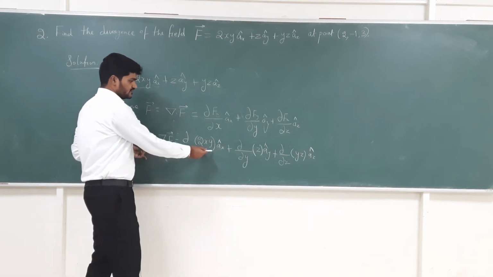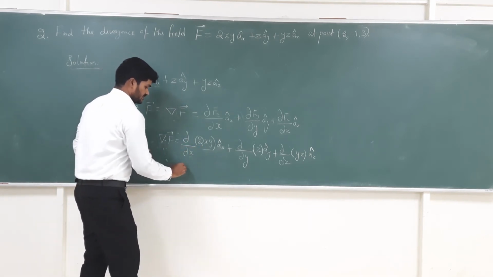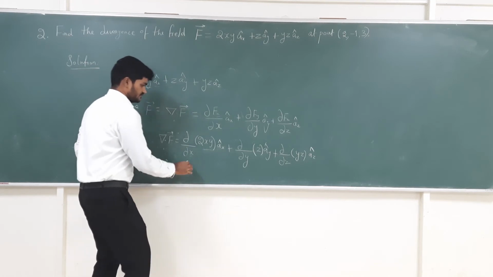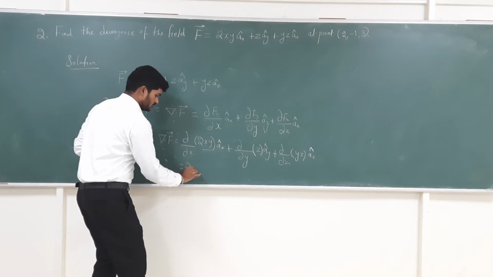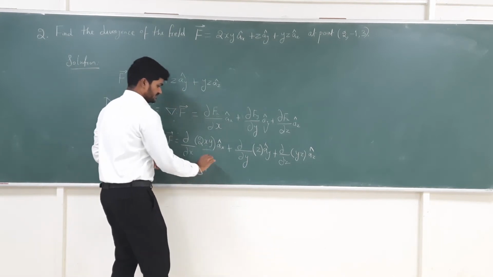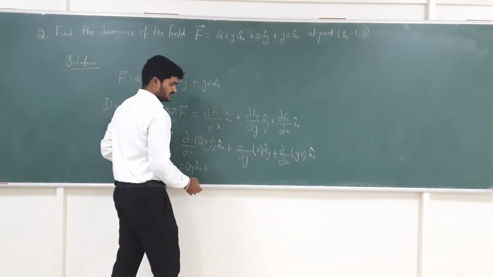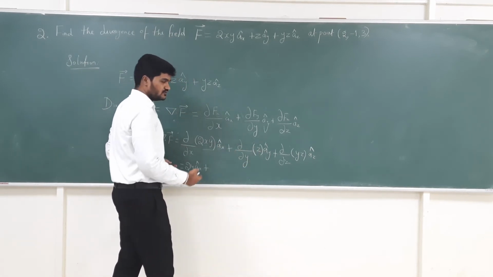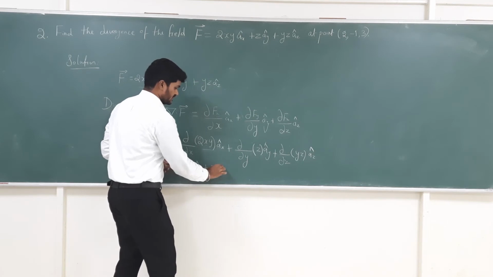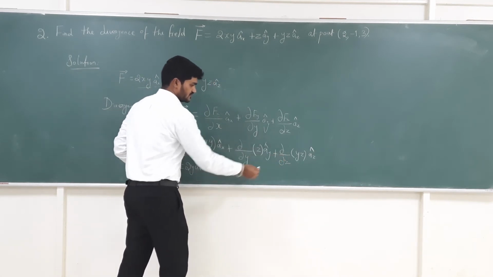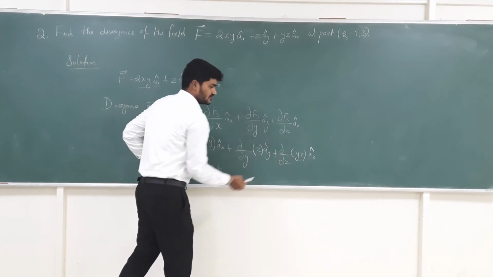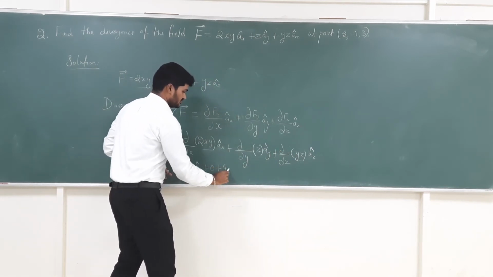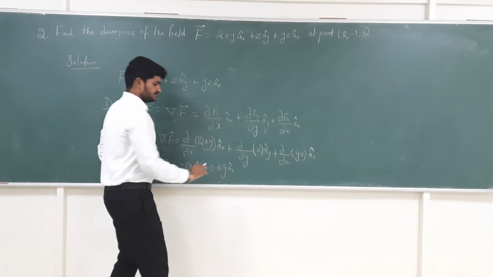Now differentiate this function with respect to x. If we differentiate the function with respect to x, the x becomes 1. So now 2y a_x cap plus, now differentiate this function, there is no y value here, so the value becomes 0, plus this term, differentiate this term with respect to z direction. Now z becomes 1, so y into a_z cap.